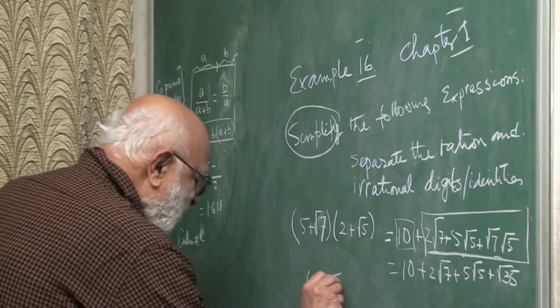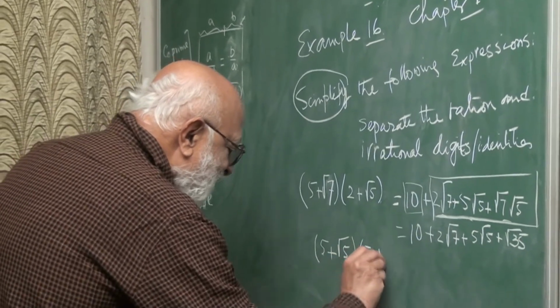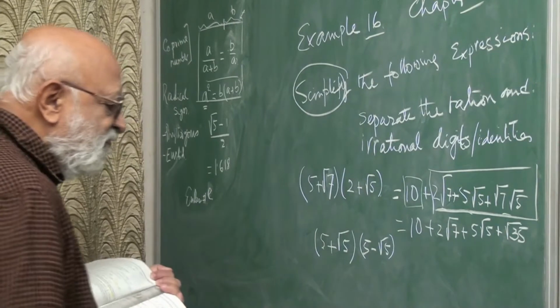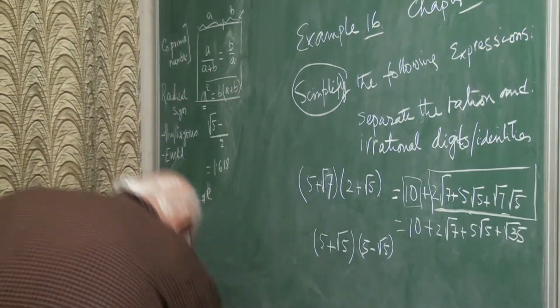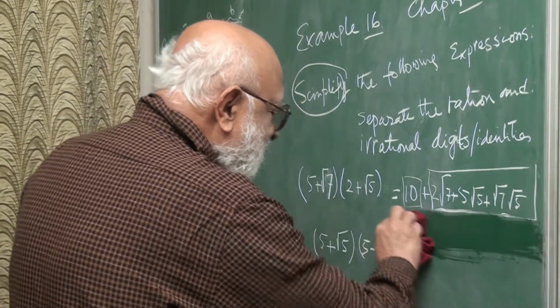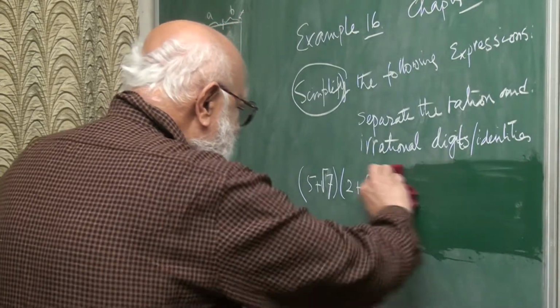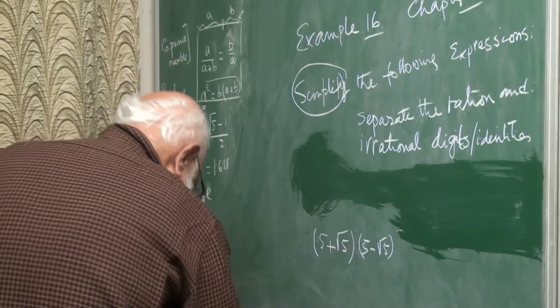5 root 5 into 5 minus root 5. Let me erase this part so that you don't get confused. Sometimes this causes confusion.